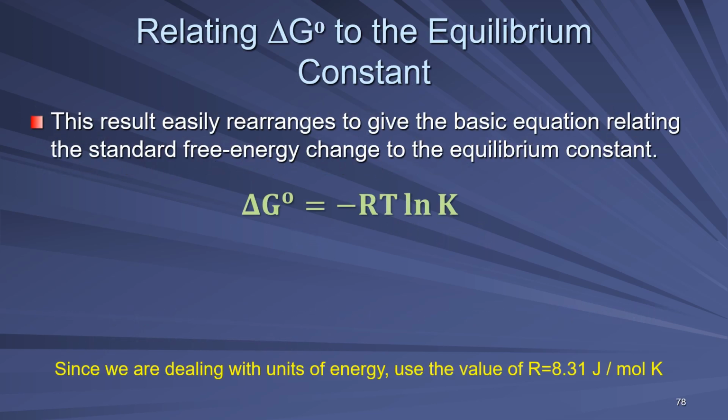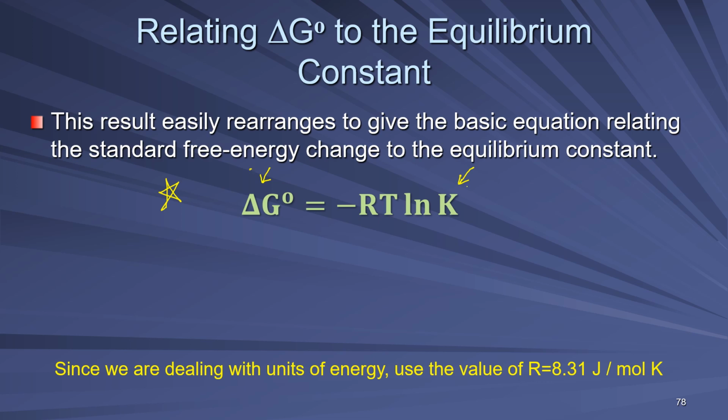If we rearrange this equation, here's what we get. This is the important equation to remember. Delta G, the Gibbs free energy, is equal to negative RT natural log of K. So if you know the delta G, you can find the K value. If you know the K value, you can find the delta G.